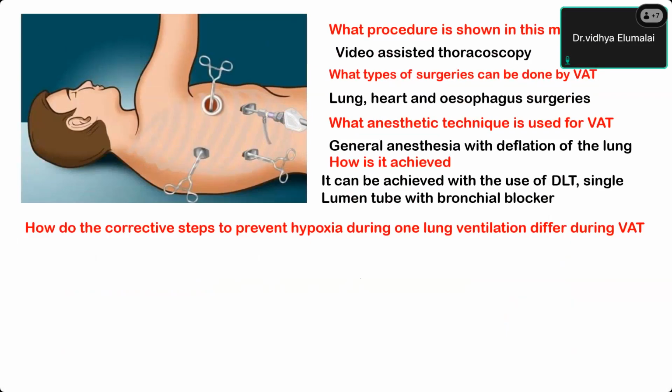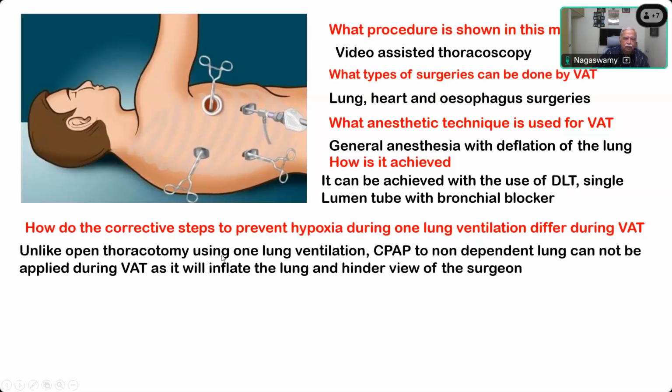We have seen in the last few classes that there are 6 steps you have to remember. Switch to 100% oxygen, suctioning, provide PEEP to the ventilated lung, and CPAP to the non-ventilating lung, or intermittently remove the tube and go back to double lung ventilation. Okay, these are the common things that we do.